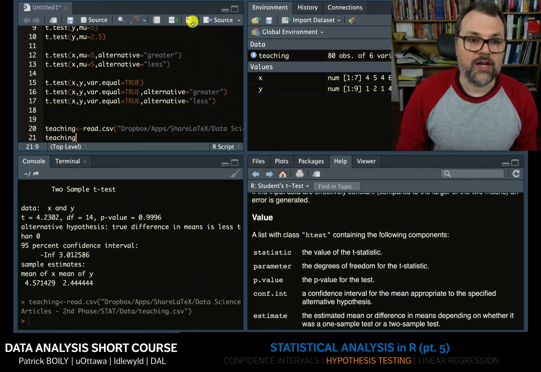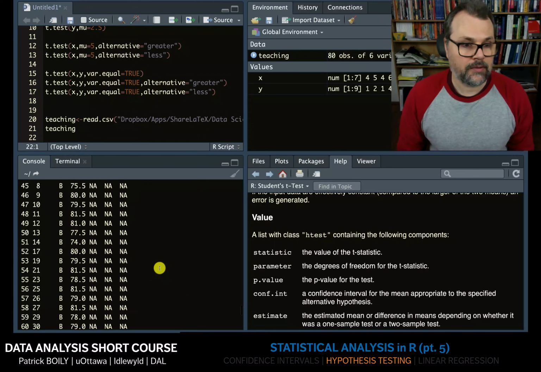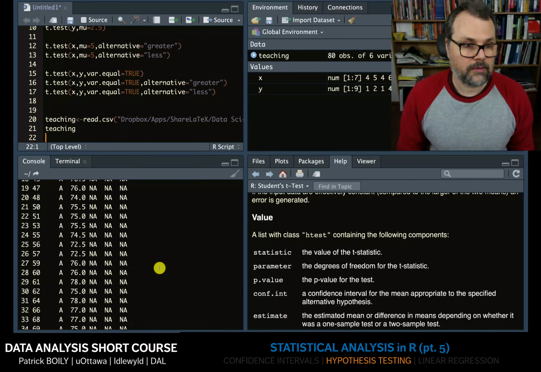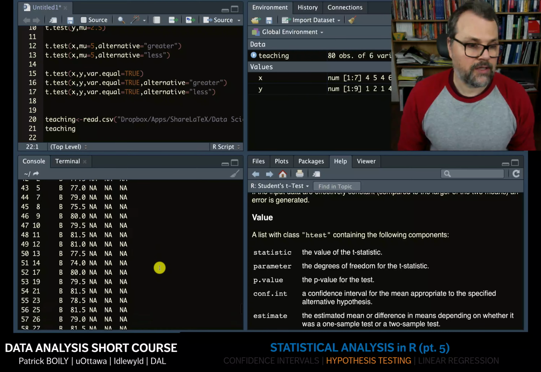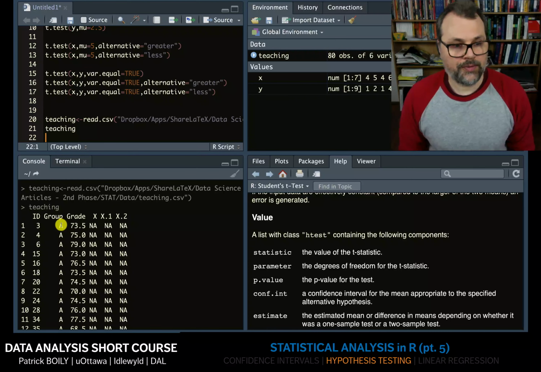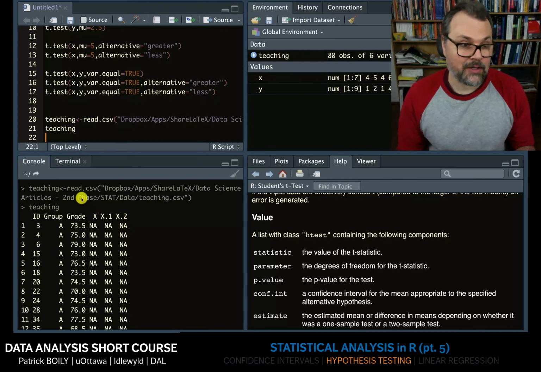I will read it from the CSV file and just show them to you here. There's 80 such observations. The groups, the grades are there. Now x.1, x.2, these are just fake columns. They're in the CSV, but they're completely empty.